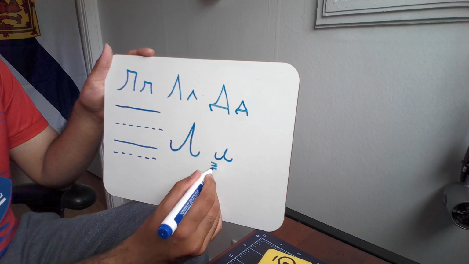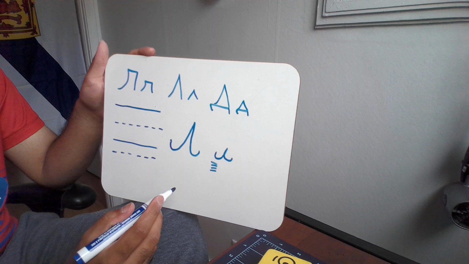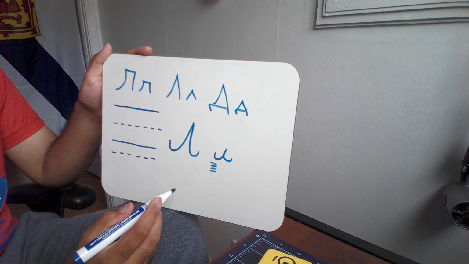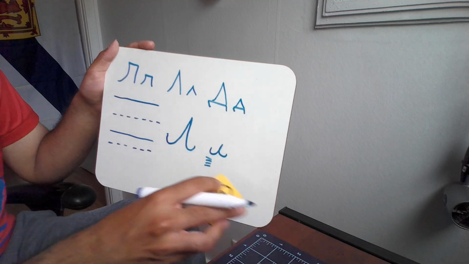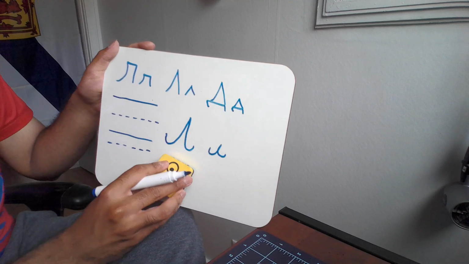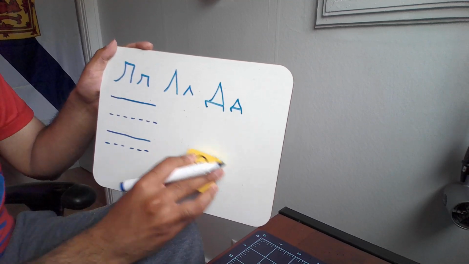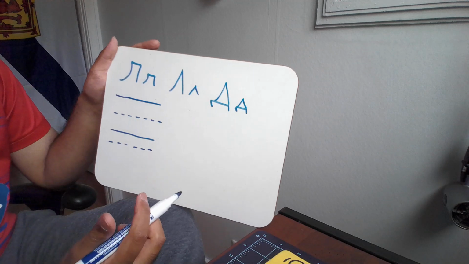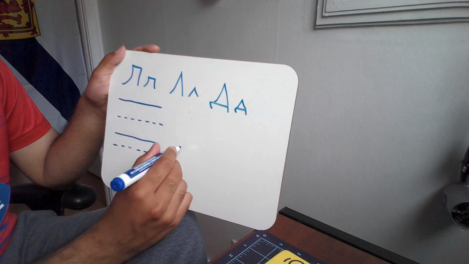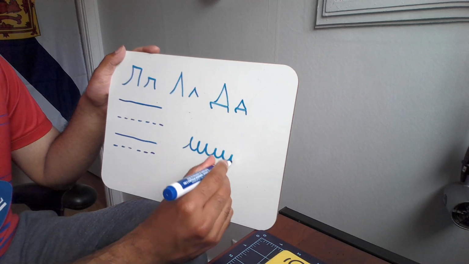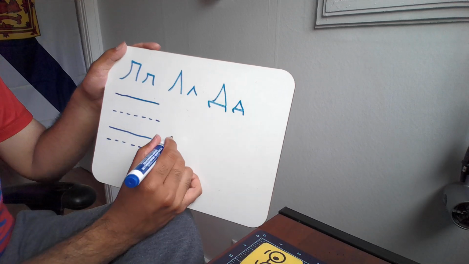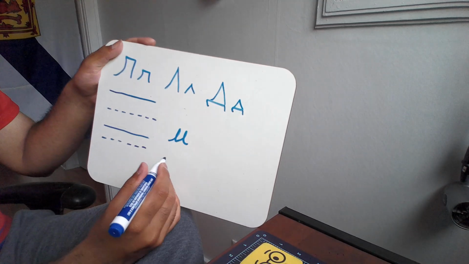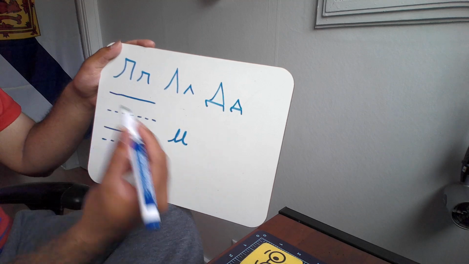But this hook is extremely, extremely important when you're writing your L's in Russian. And the reason for that is we have a few different letters. I say we, I'm not Russian. But we have a few different letters that have a lot of this going on. So for instance, we've seen E that does this, I kratkaya as well.